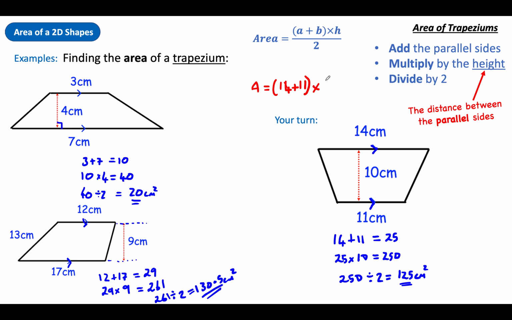And then that will be times by the height, which is 10. And I would have probably set it up as a fraction in my calculator where it divides by 2, or maybe just put divide by 2. And it would have straight away given me the answer of 125 centimeters squared. So there is a formula for this, and there it is. It looks a bit complicated, but it's basically doing those 3 steps we're saying. But you can quite easily just write them out separately.